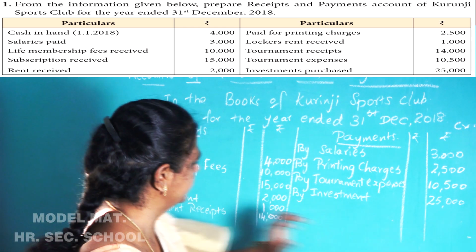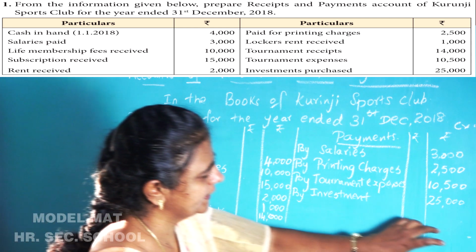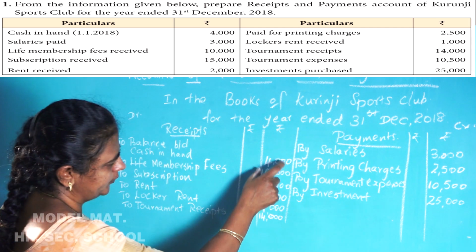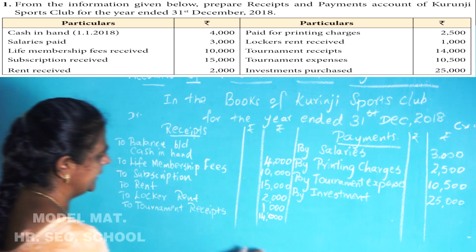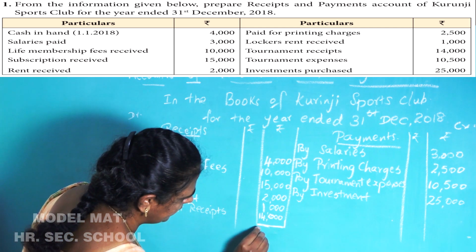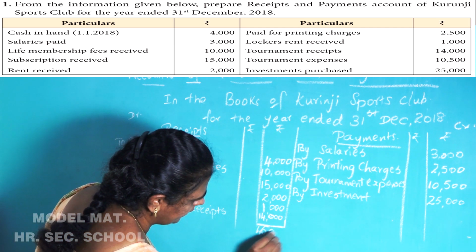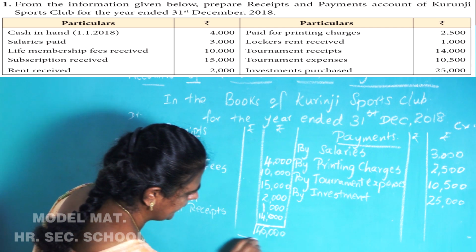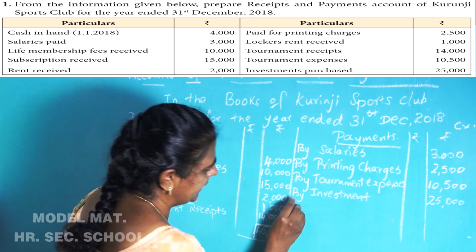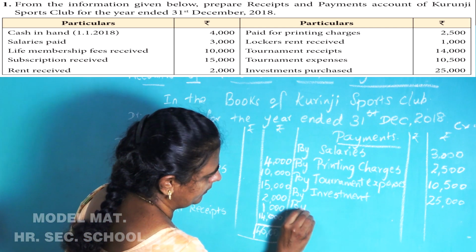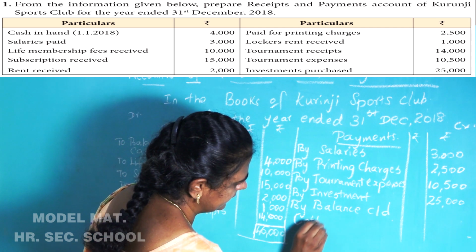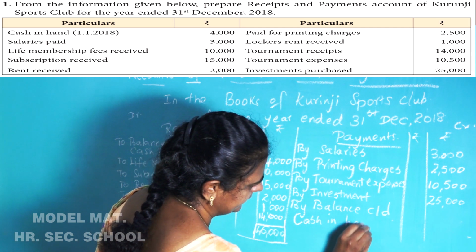Now you add both and find whether the debit or the credit is more. The total of the debit side is 46,000. The debit side is more, so bring the cash balance carried down, cash in hand.